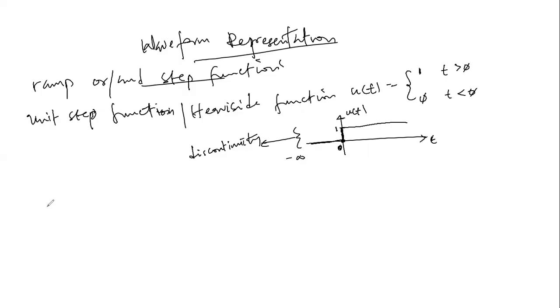And the second is the unit ramp function, R of t, and it is defined as having a value of t for t greater than or equal to 0 and 0 for t less than 0.